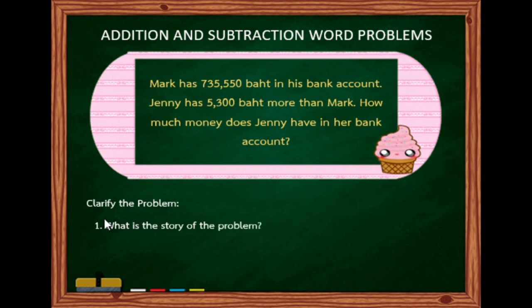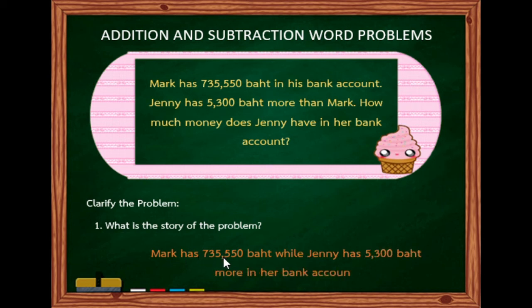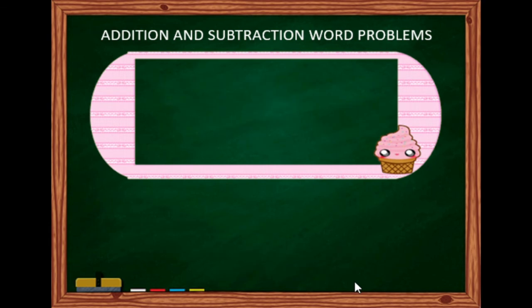First things first, when you solve a word problem, you need to clarify the problem. You need to know what the problem is. So you can ask, what is the story of the problem? The story is, Mark has 735,550 baht while Jenny has 5,300 baht more in her bank account.